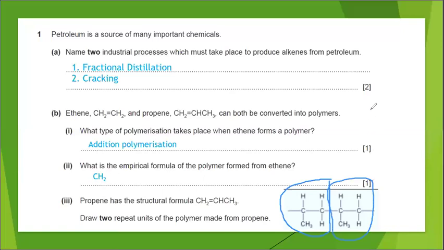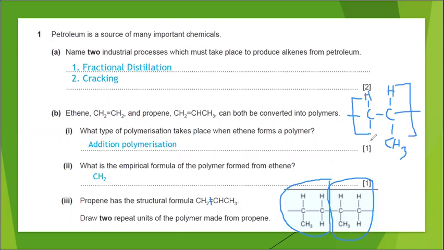So you have CH2 and then there's another carbon bonded to it. Now the double bond is broken and on one side we have hydrogen and on the next side we would have CH3. This is the unit that is being repeated.